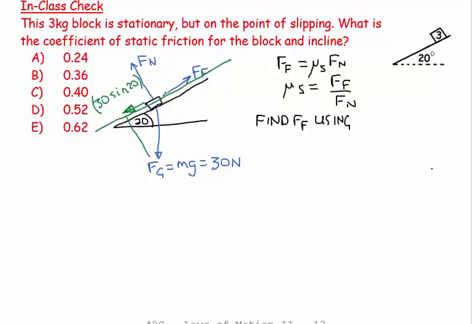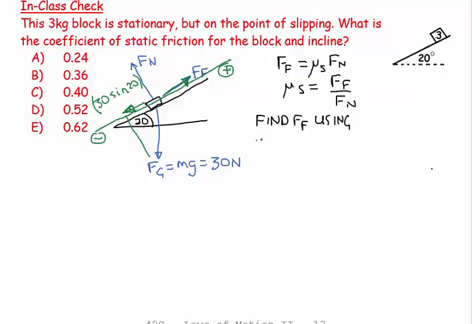So along this slope I have Ff, which is in the line of the slope, and a component of the weight which is 30 sine 20. Let's make this end positive and this end negative.